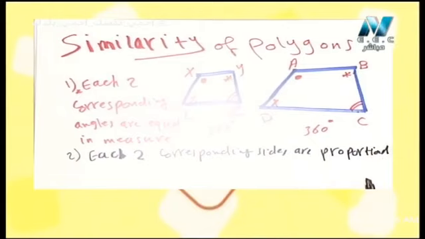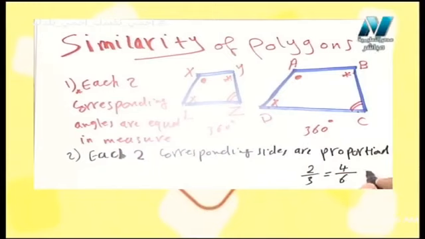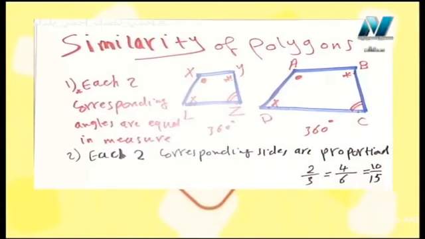We know from our previous studying that if we have a ratio like 2/3, for example, it can be equal to 4/6, and also equal to 10/15, where 2 times 5 equals 10 and 3 times 5 equals 15. So this ratio equals this ratio equals this ratio, so they are proportional.